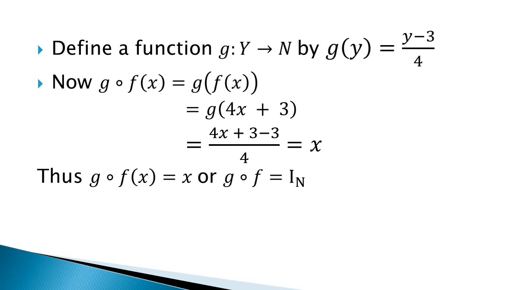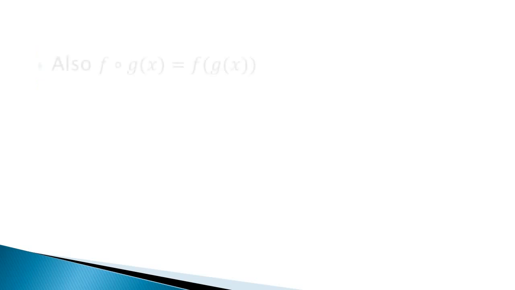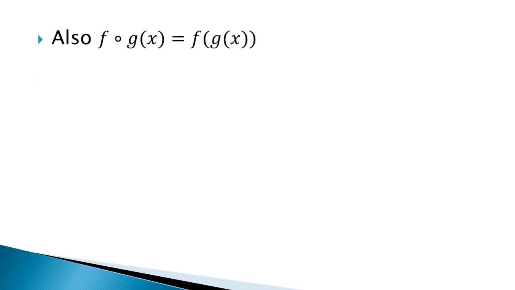So z of f of x is x, as we have already found. What is f of z of y? It can also be found as earlier. Put the value of z of y as y minus 3 by 4, which is defined in the other slide. Now f of x is 4x plus 3, so y minus 3 by 4 is within the bracket of the function f.